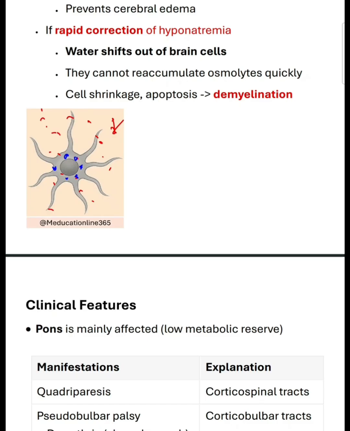If the cell doesn't compensate, then the cell's interior has relatively higher osmolarity. So compared to the extracellular fluid, the intracellular fluid in the brain has higher osmolarity in the hyponatremia condition. Now, there is a bad effect to it.